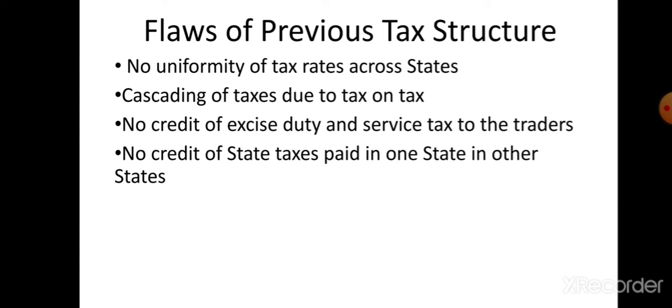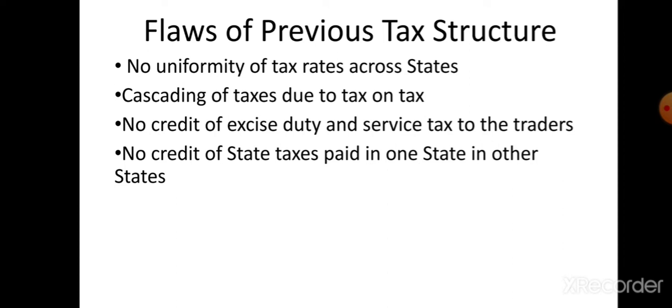The second flaw is the cascading of taxes, that is, tax on tax. Cascading is one of the drawbacks of the previous indirect tax structure. The cascading actually occurs under the center as well as the state taxes.